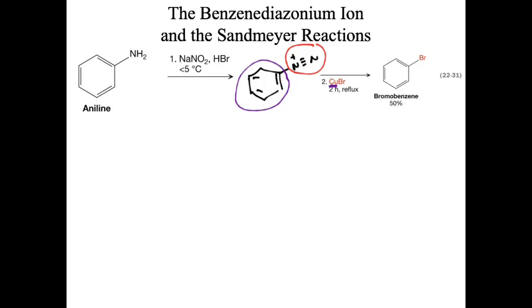So we end up doing an interesting substitution reaction that can put a halogen on. Couldn't I put a halogen on the ring right away? I mean, to get to the NH2, what did I have to do? I reacted benzene with nitric acid and sulfuric acid. Then I reduced it.